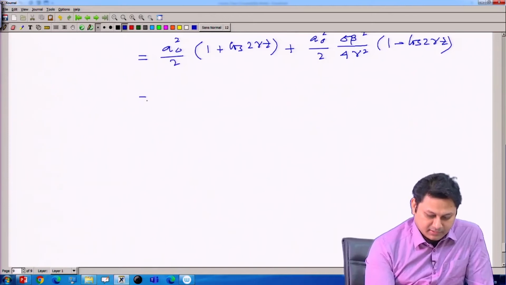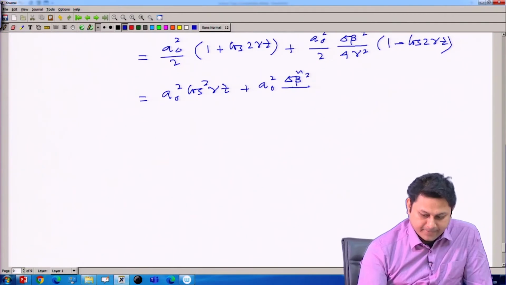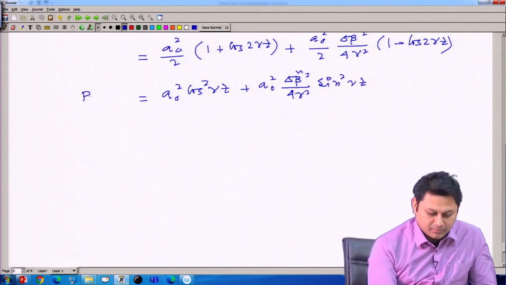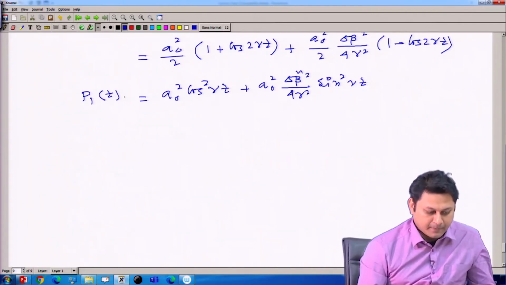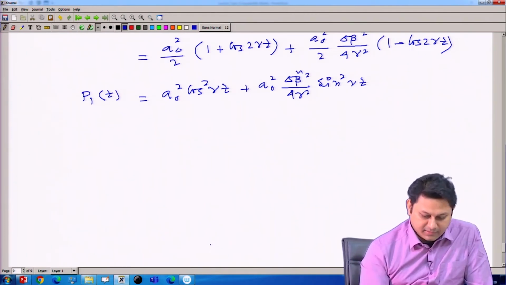So, this I can write as say A0 square then cos square gamma z plus, simple trigonometric identity, four gamma square, then it should be sine square gamma z. So, this is my P1 z, it will vary in this way. Well, I can also write this in the form of sine.